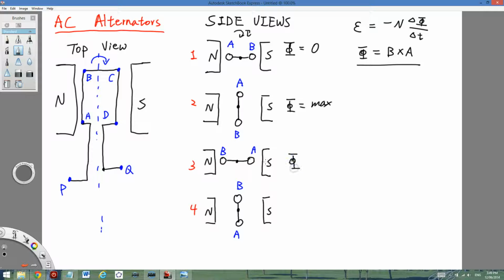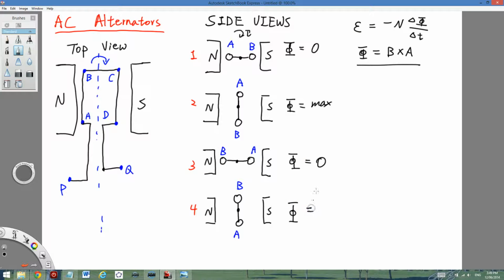Then at position 3, it rotates 180 degrees. The area is flat. The magnetic flux is 0. Position 4, sorry, 270 degrees.